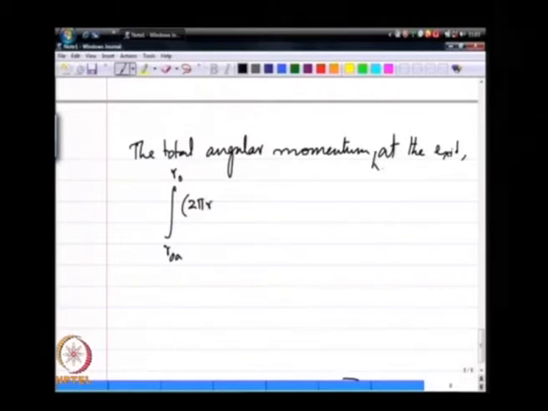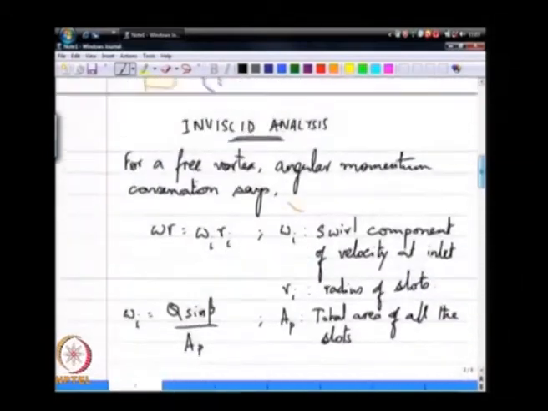This is actually better stated as angular momentum flux at the exit. So, it is like how much angular momentum is exiting the swirl chamber at this point.